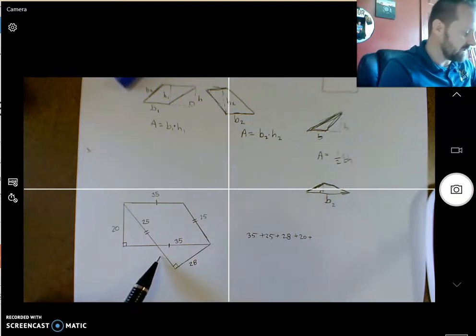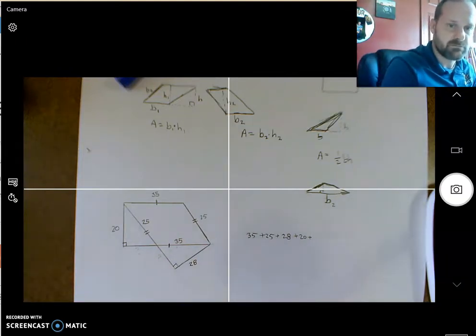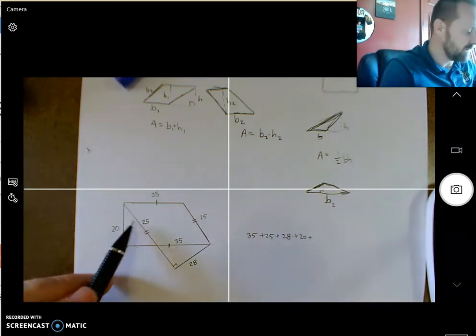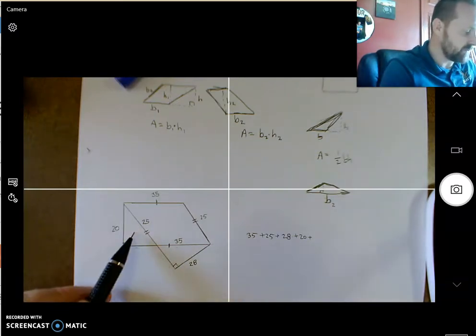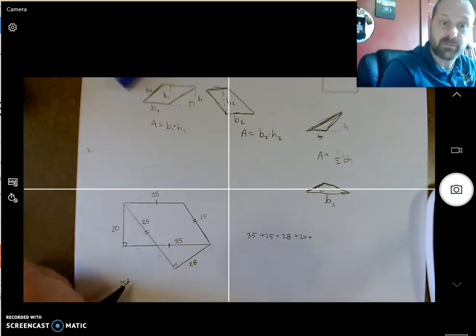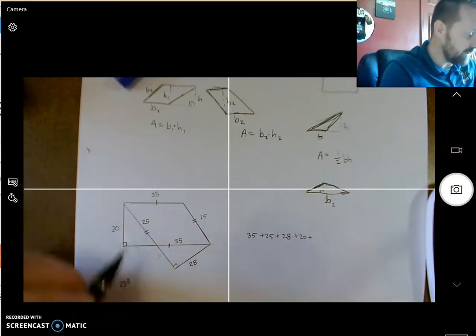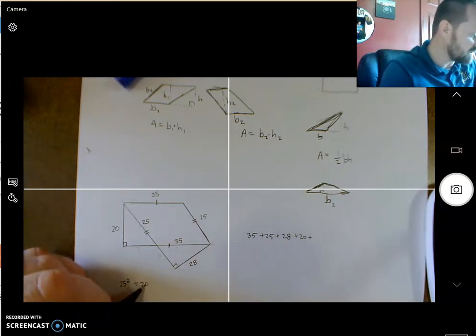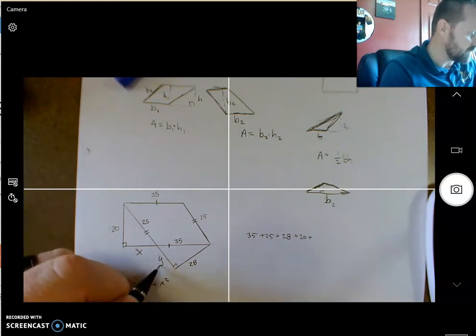But I got this guy that I don't know how to do. Uh-oh, yes I do, I sure do. Remember that both of these are right triangles, and so I can set up the Pythagorean theorem. 20 for the hypotenuse, squared, equals 20 squared... and I'm going to call this x squared, and I'm going to call this y.